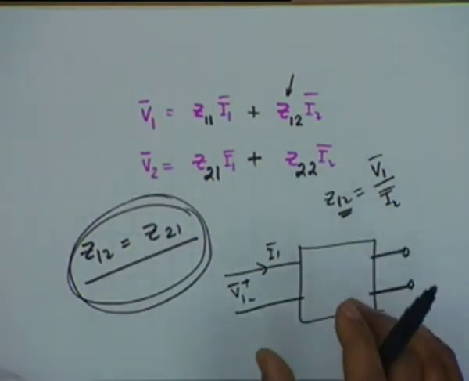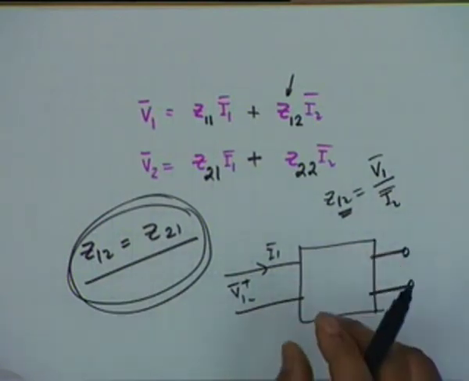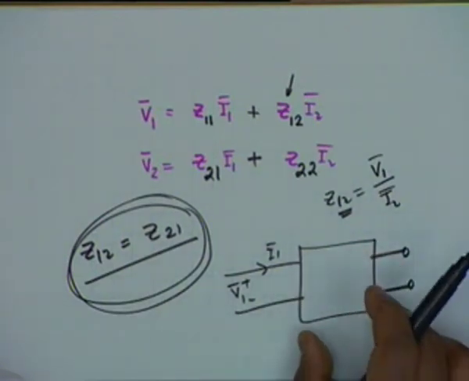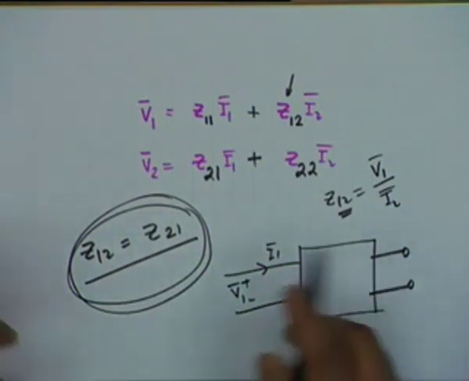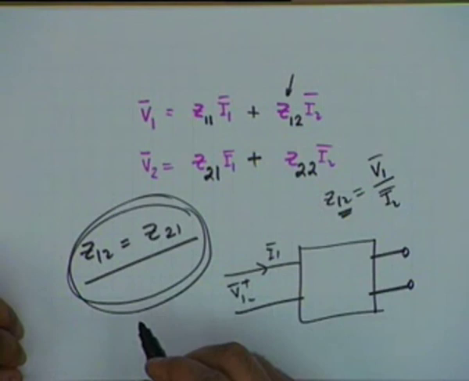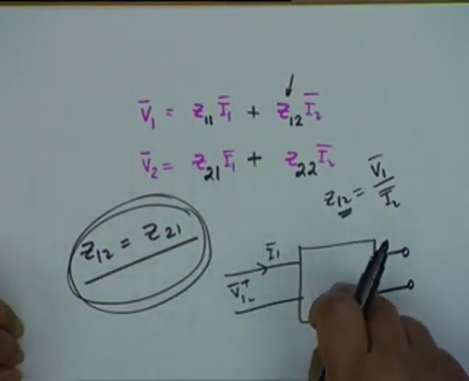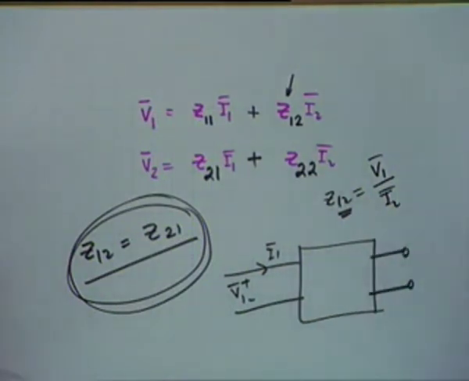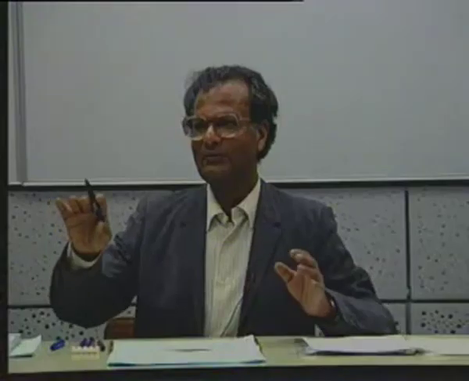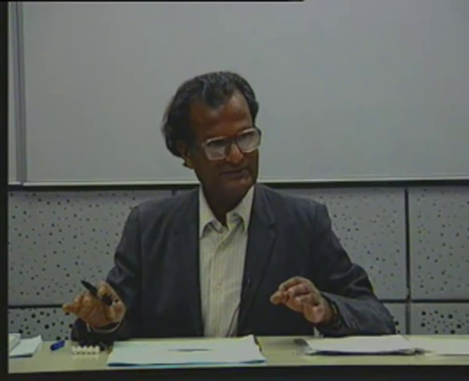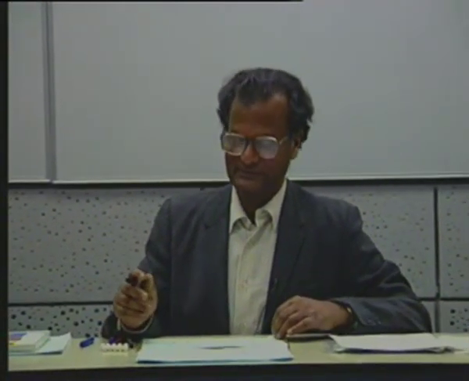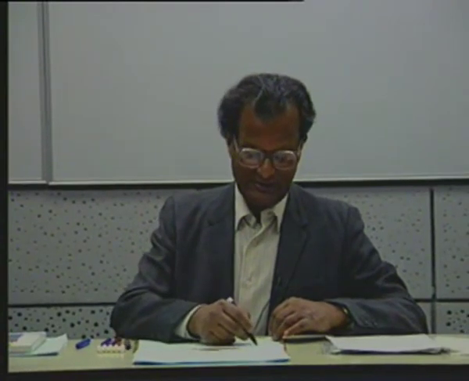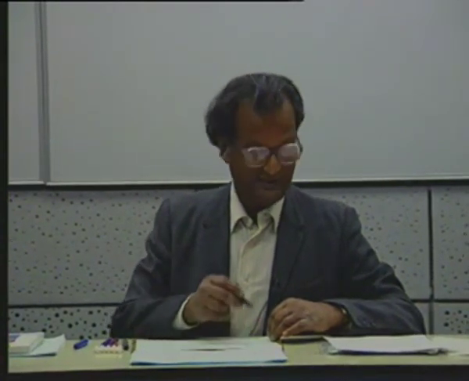But in the case of a passive reciprocal network, that is a network containing linear and bilateral elements, this shall always be valid. Tomorrow we shall consider the other kind of description, that is considering voltages as independent variables and currents as dependent variables, and then establish a relation between Y12 and Z12.